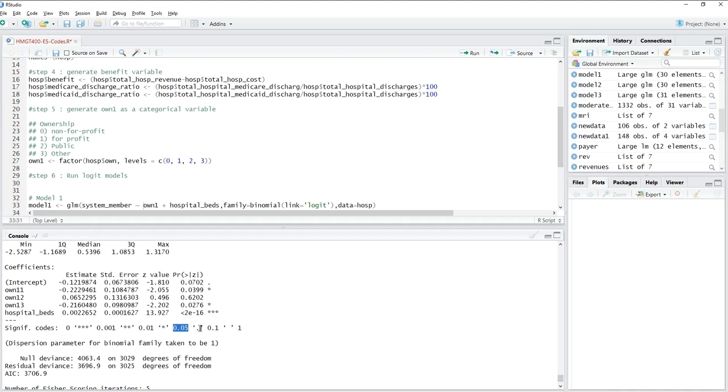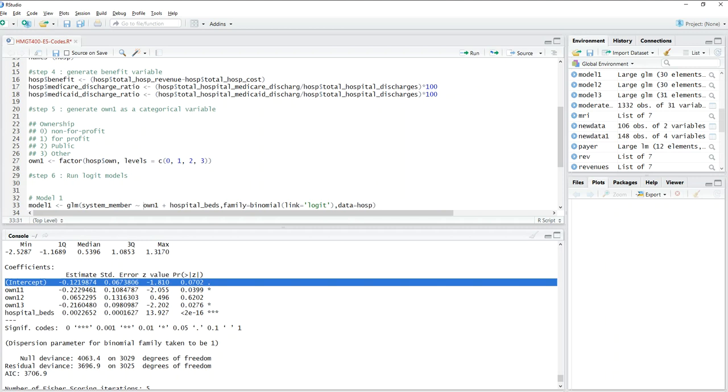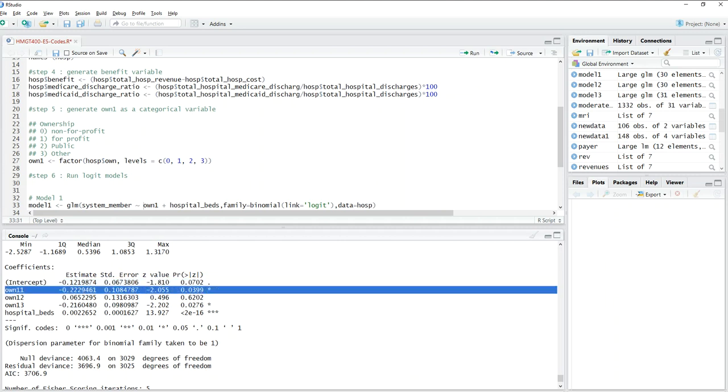The interesting thing is that RStudio also gives you some information on significance at 10%, so if it's less than 0.1, it's significant at 10%. But for this class we are working at 5%. Okay, the ownership is significant.